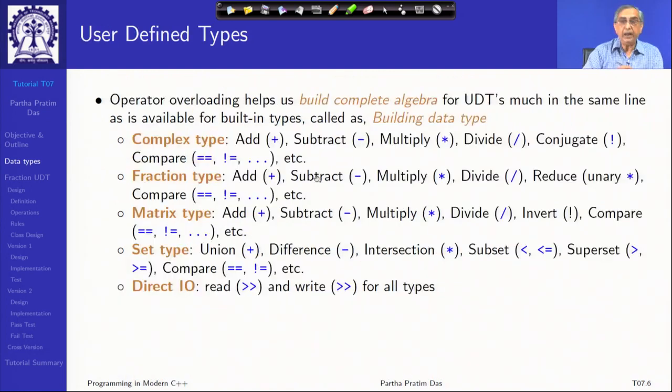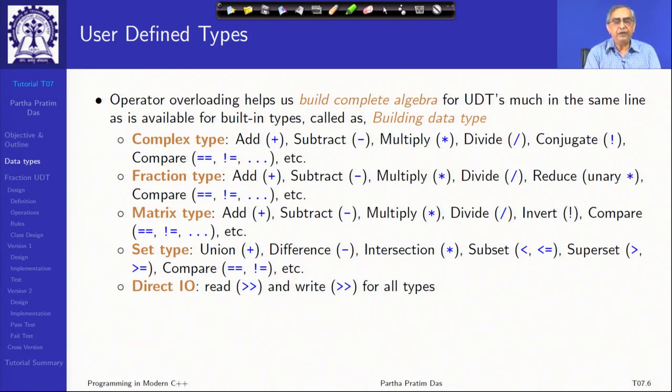And this becomes really useful because now you do not need to rely on a whole lot of functions that you had to write in C to realize the functionality of the type of data that you are dealing with, but you can build for a particular concept of a data type, pretty much like the built-in types that we have.